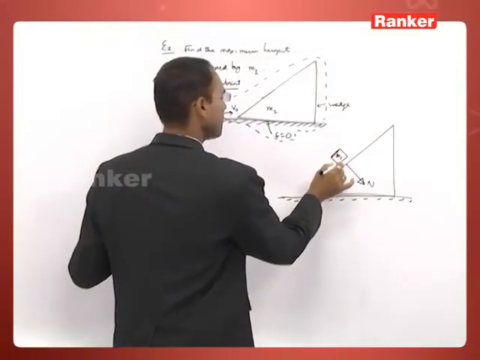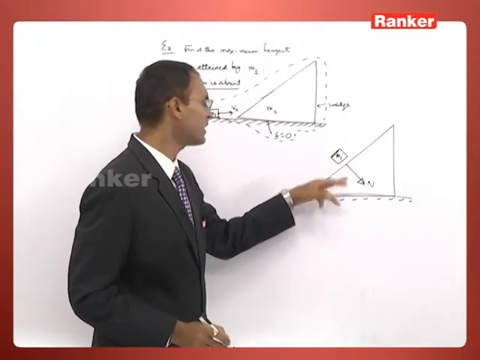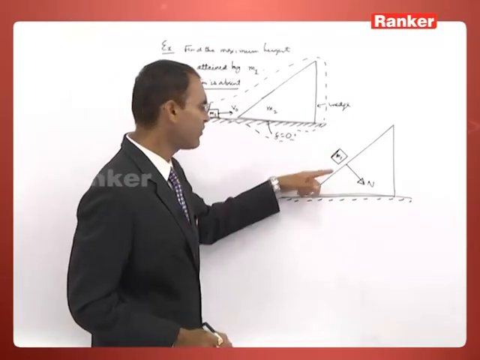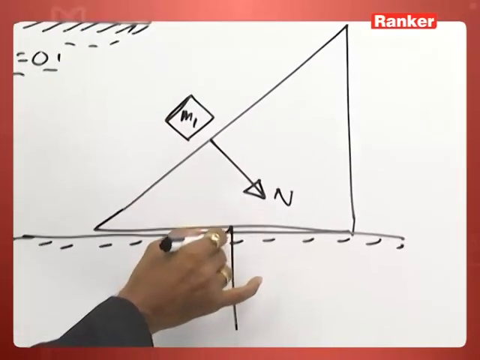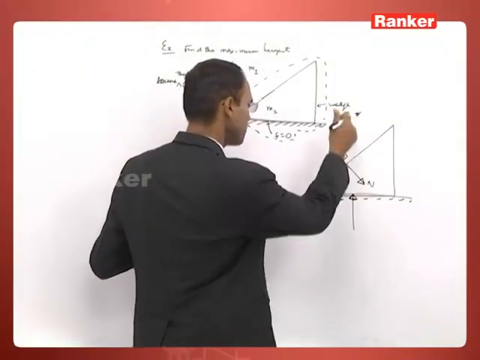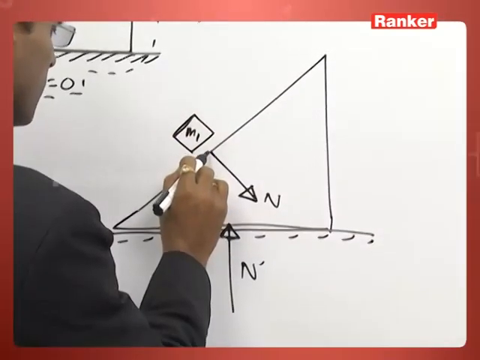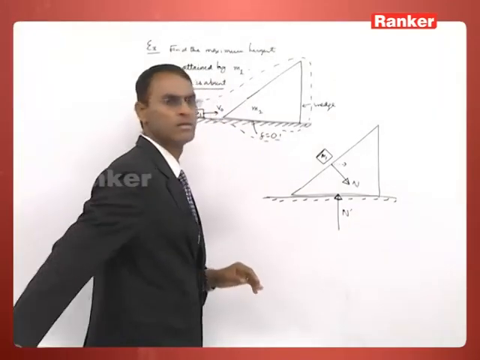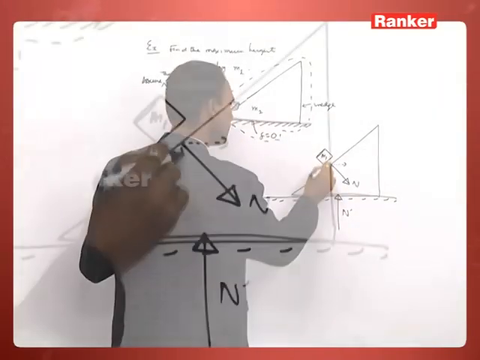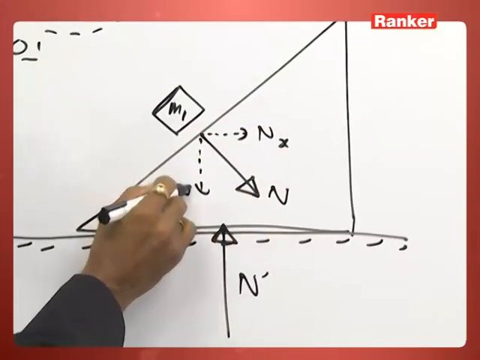This normal reaction is offered by the block M1. Block M1 is in contact with the wedge. Therefore, it is pressing the wedge in this direction, and the wedge is being pushed by the ground in upward direction. This normal reaction has horizontal component, so also the vertical component. This is Nx, this is Ny.